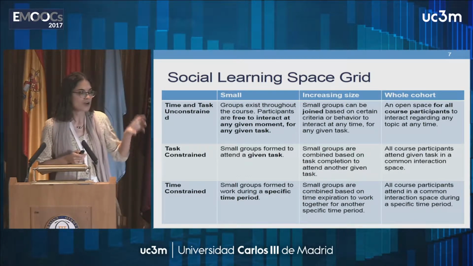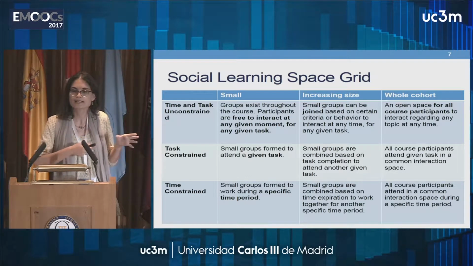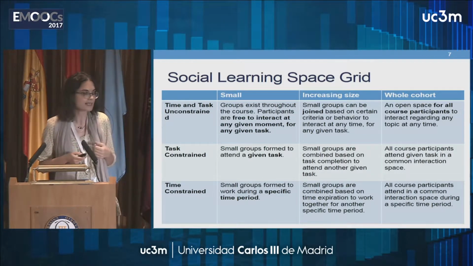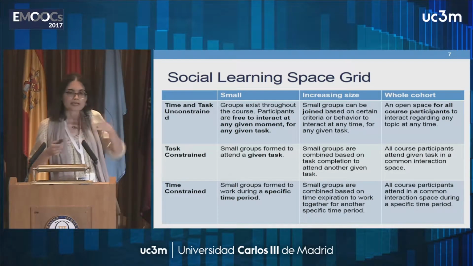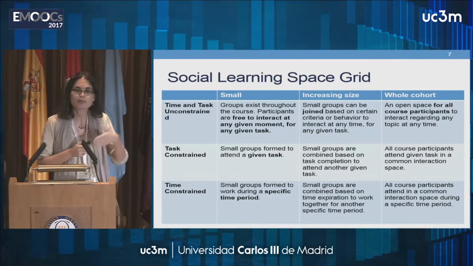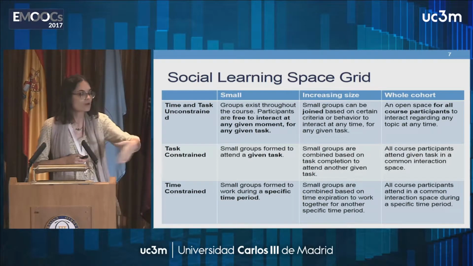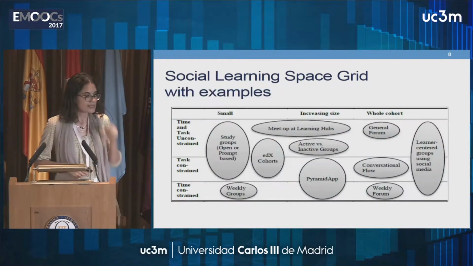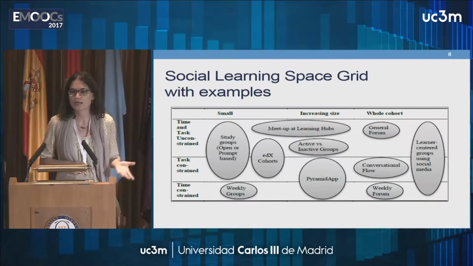So you can have groups of different sizes but with no particular task and no particular time associated, or small or large groups that may have one task associated or a particular duration, the whole MOOC or just a period.